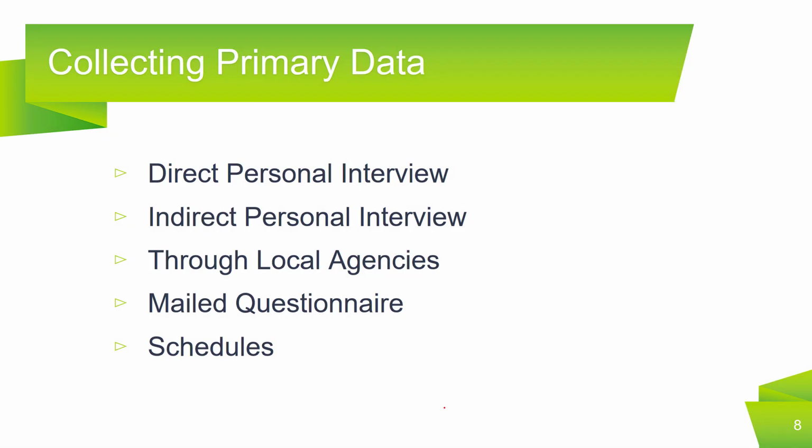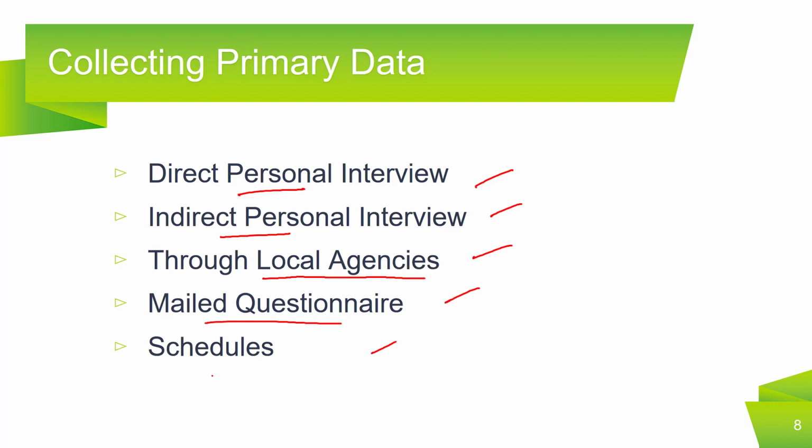Now primary data can be collected by different methods. There are 5 different ways to collect primary data. The first one is called direct personal interview. Next one is indirect personal interview. Next one is with the help of local agencies.